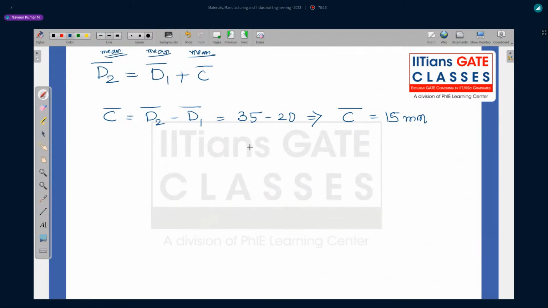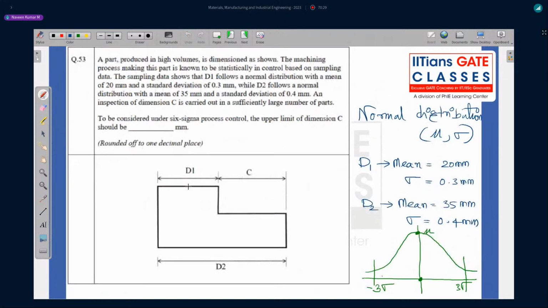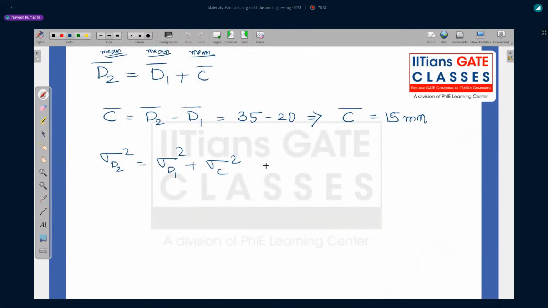So let's find this. I can say sigma D2 square is equal to sigma D1 square plus sigma C square. So the standard deviation of D2 squared is equal to the standard deviation of D1 squared plus the standard deviation of C squared. That is what I've done. We want sigma C square, right? So sigma C square is sigma D2 square minus sigma D1 square.